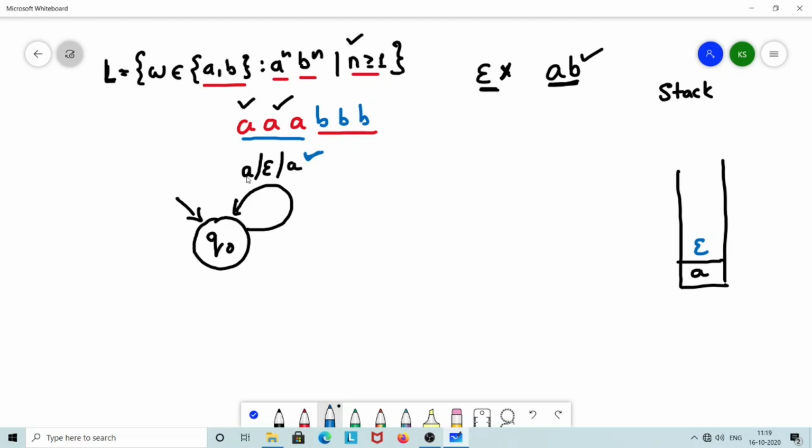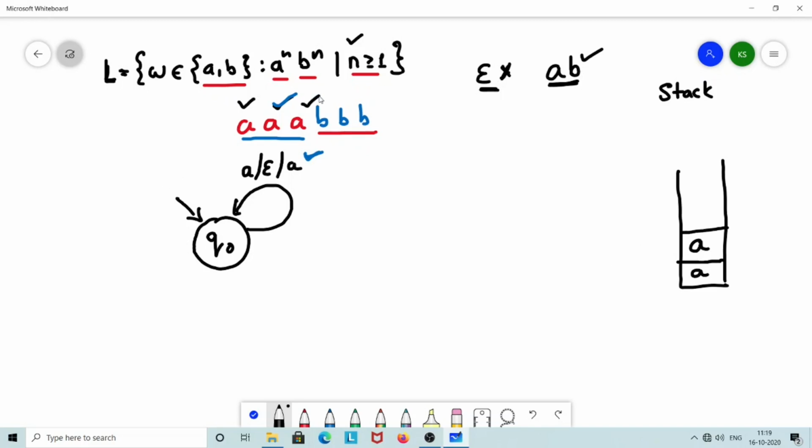So now what I have is the input symbol A, and the top of the stack is still epsilon. So what do we do? We push A onto the stack, right? So this will be the content of the stack after encountering two A's. What about the third A?